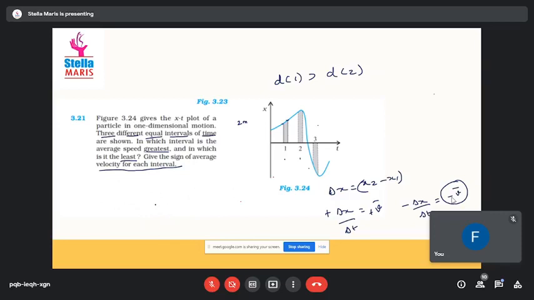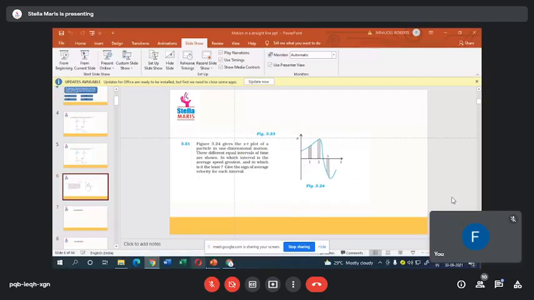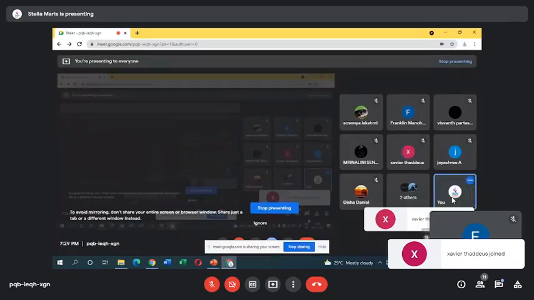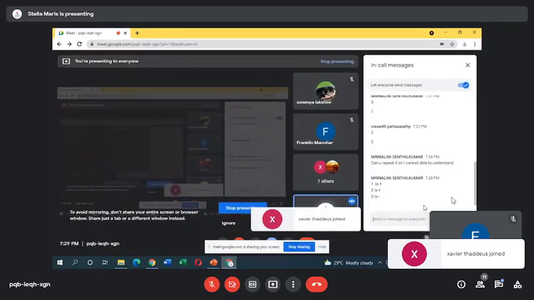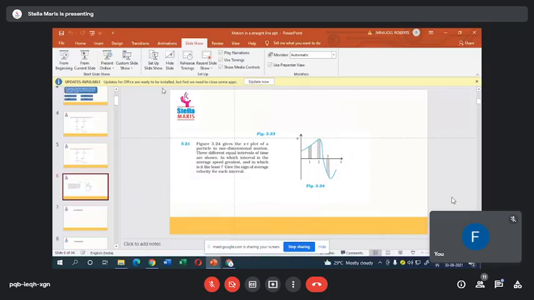So tell me, the sign of the average velocity for the first interval is what? I think Mrinalini says first is positive, second is also positive, third is negative.